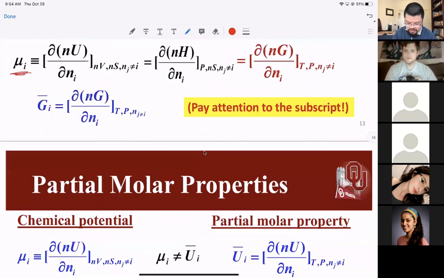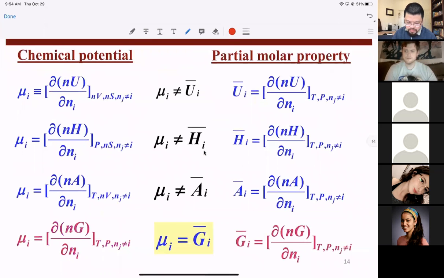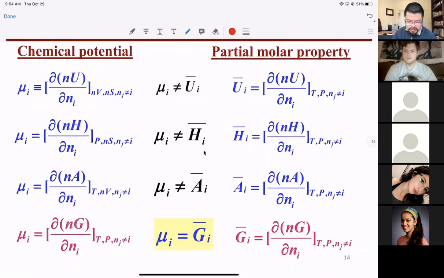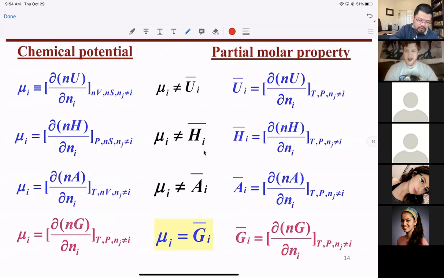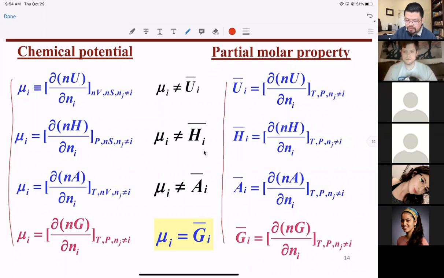So I think I have another slide. Yes, this one. So now when you look at the chemical potential and partial molar property, I have 4 chemical potential definitions, right? And I can always calculate the partial molar property. But you can see that for any of the partial molar property calculation, I always have to satisfy T, P, other composition fixed.